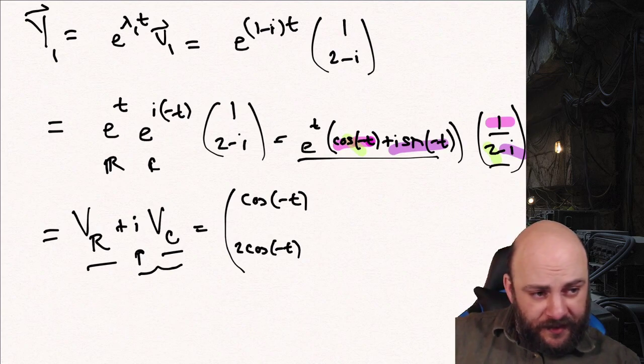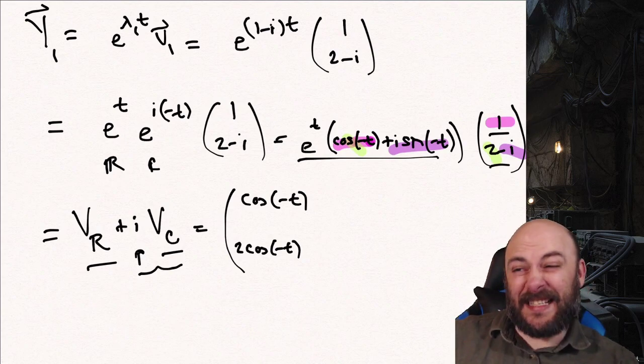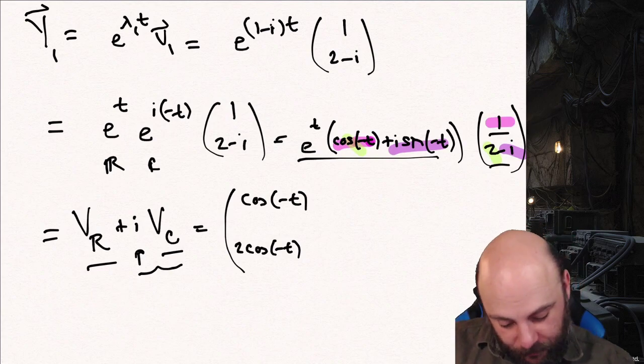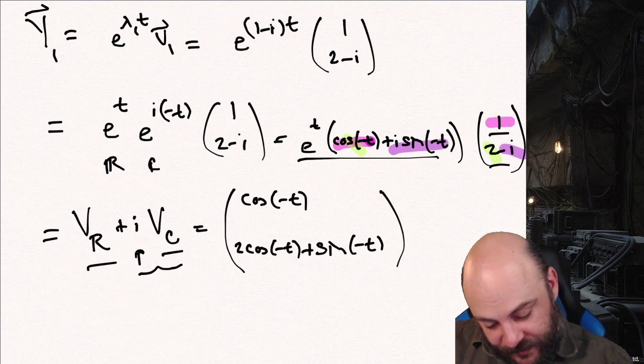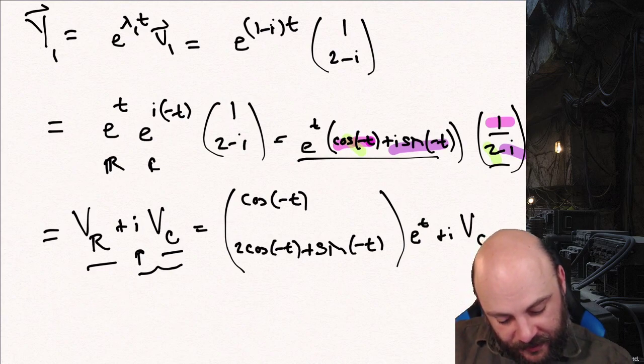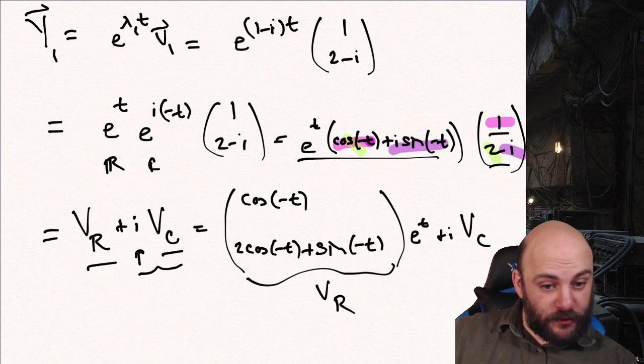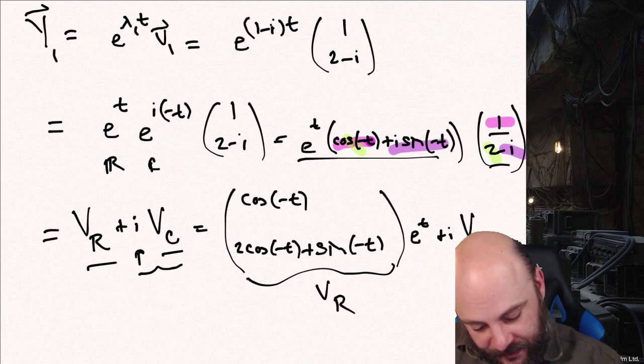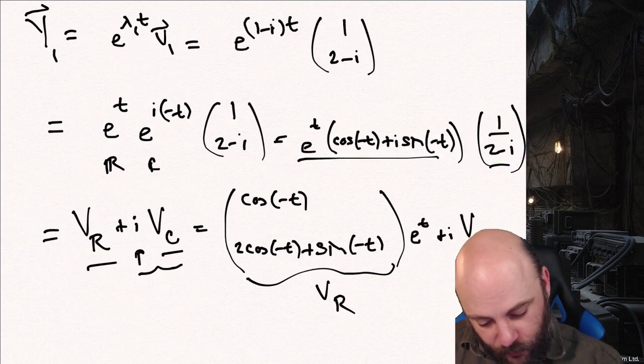I sine of negative t times negative i is 1 plus sine of negative t. All of this is multiplied by e to the t, so let's put it in the beginning. And then we're going to add to that i times VC. So this right here is my VR. So far, so good?